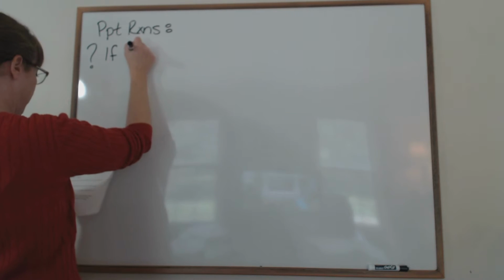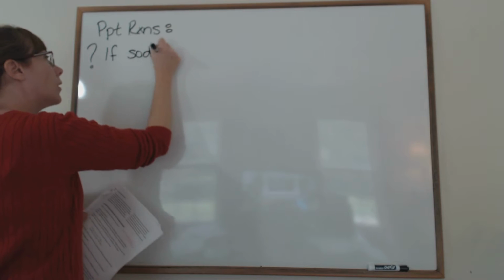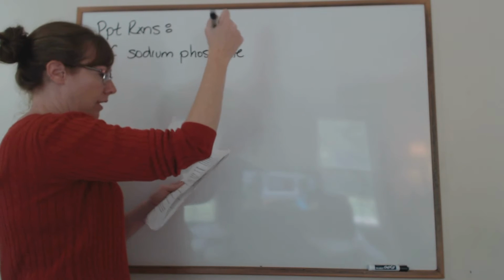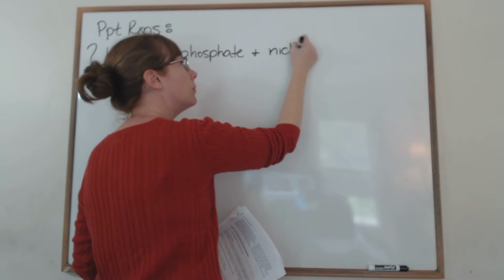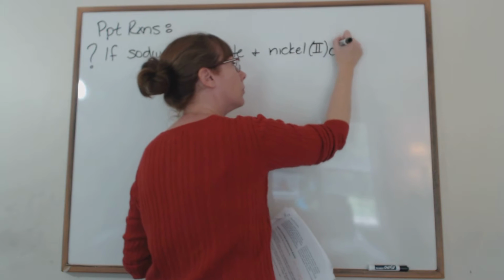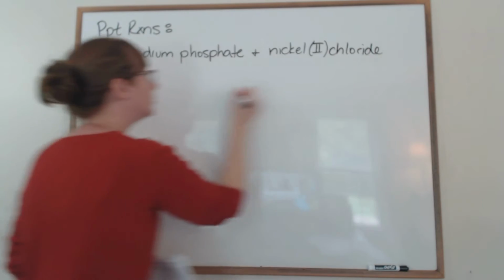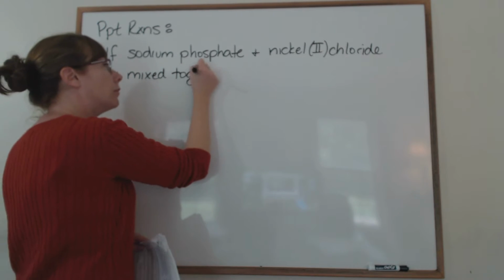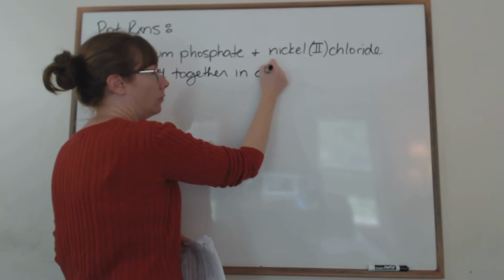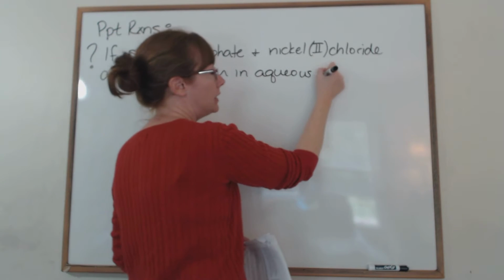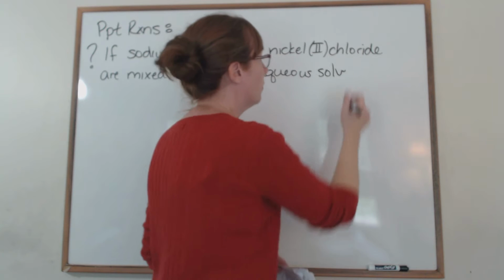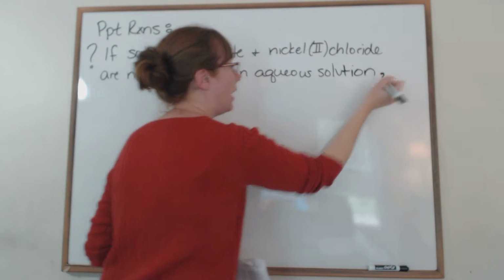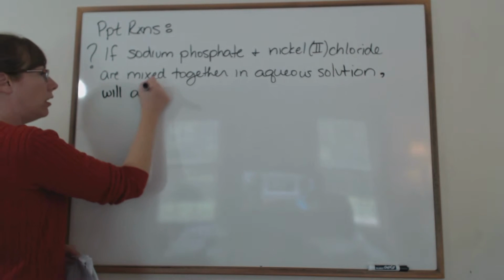If sodium phosphate and nickel 2 chloride are mixed together in aqueous solution, meaning that they're both dissolved in water, will a precipitation reaction occur?